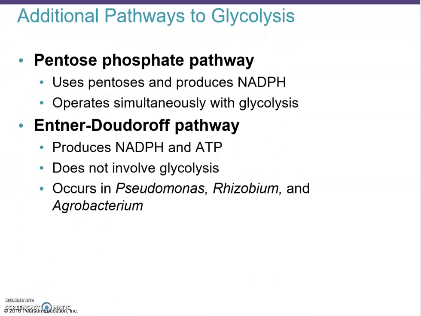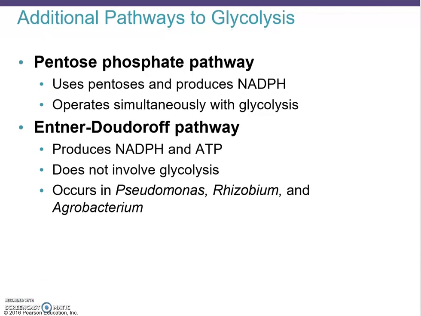Now, here are some side tracks, sort of alternative spin-offs of the traditional glycolysis that we just talked about. There's also a pentose phosphate pathway. That means we're not using a 6-carbon glucose type of sugar, glucose or fructose, but we're using a pentose sugar that has 5 carbons, and that one produces also NADPH, and it can run simultaneously with glycolysis.